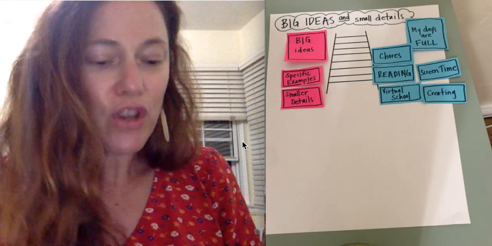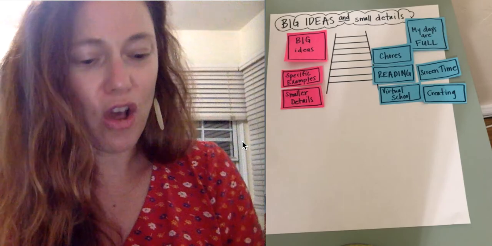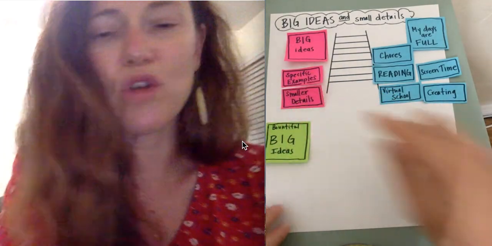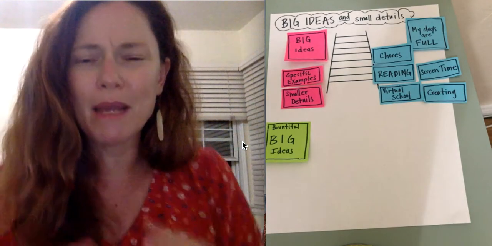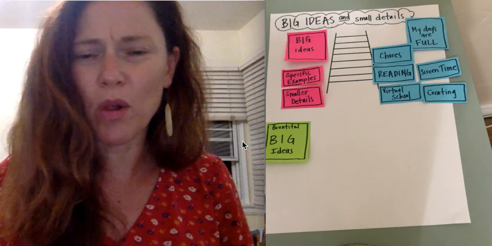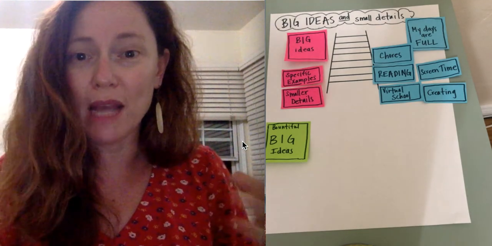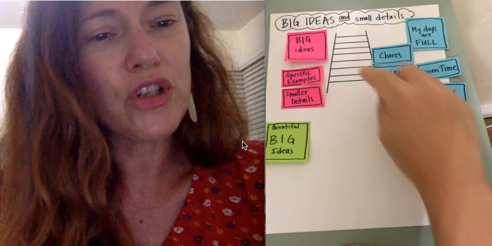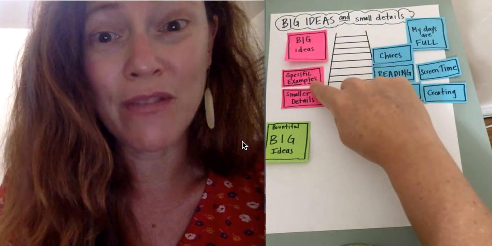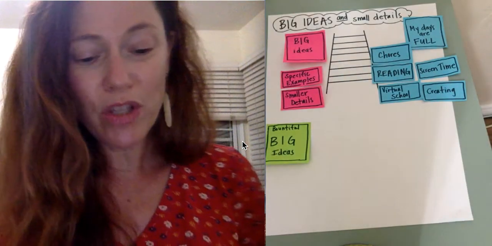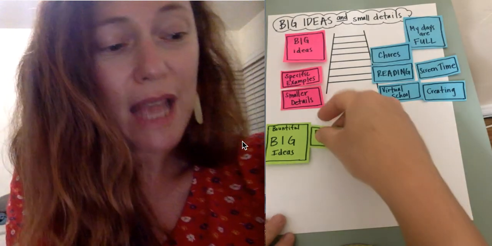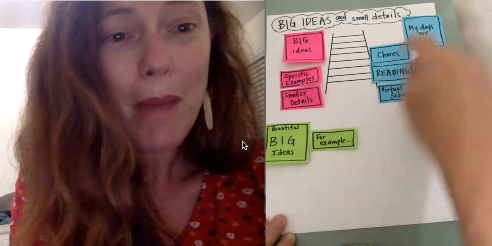So if you're the type of person who has bountiful big ideas, always writing these big ideas in your journal, like my days are full, or the quarantine is horrible, but you kind of get left with just those big ideas, you're going to want to push yourself to support your big ideas with some specific examples. The way that you can do that is you can take one of your big ideas and then literally right afterwards say, for example, my days are full.